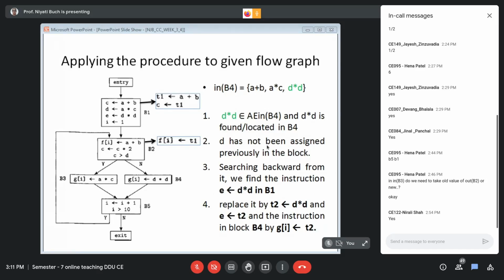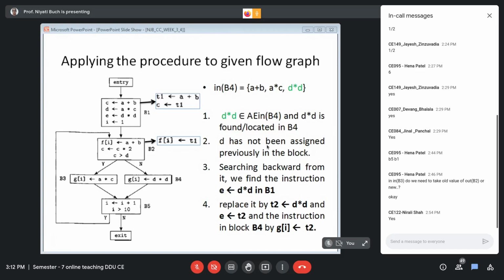D into D has not been assigned, so we go and search in previous blocks. The previous blocks are B2 and B1, which we have already considered. And we find that D into D is observed in the B1 block. So we will take a temporary and make the necessary substitutions. Going good so far.